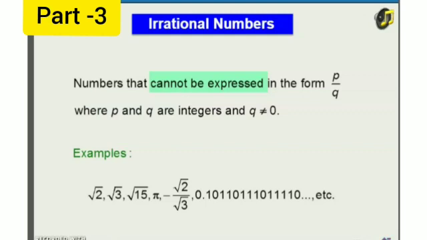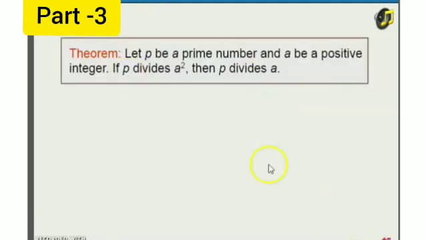As you know from the previous class, today we prove some important theorems which are very valuable for you. Theorem: let p be a prime number and a be a positive integer.